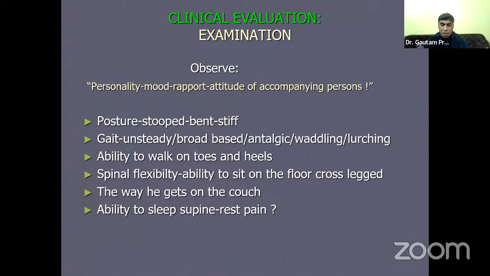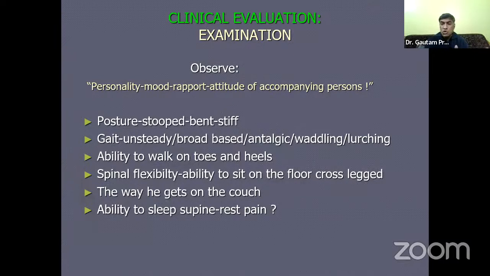But if the gait is abnormal, antalgic or broad based, with unsteadiness or waddling, it denotes that there is something else, where there is a neurological involvement. Broad-based gait can be seen in patients with tandem stenosis, that is cervical myelopathy along with lumbar canal stenosis. Antalgic gait might be because of a protruded disc. So all these things have to be taken into account.